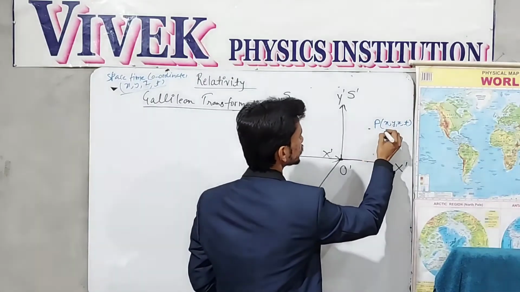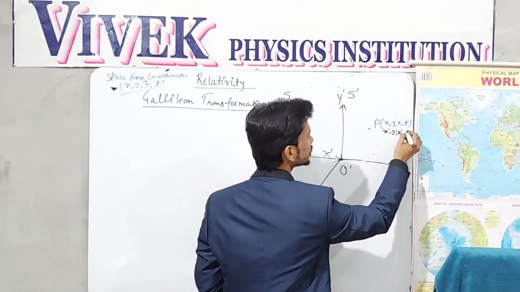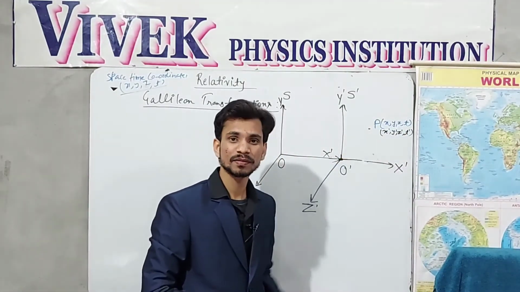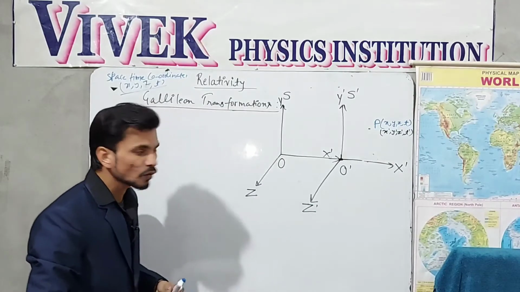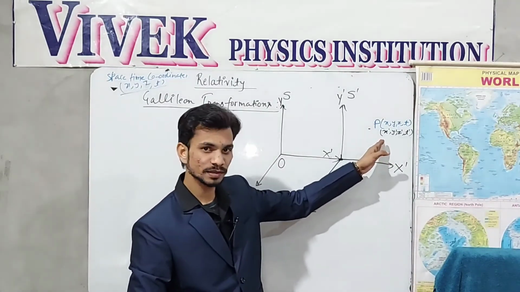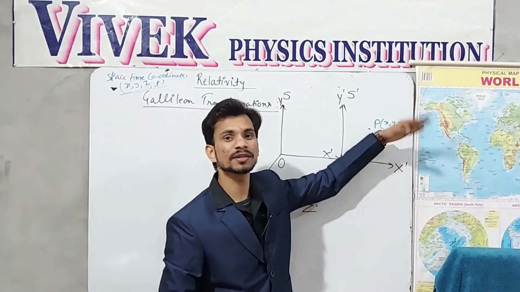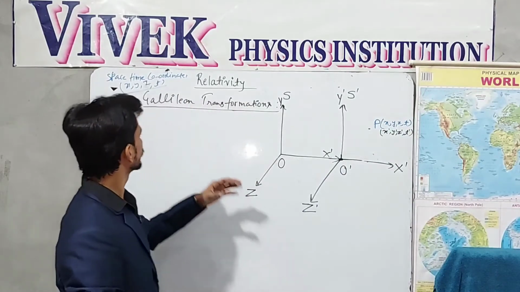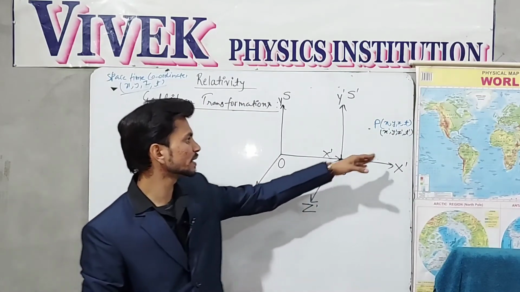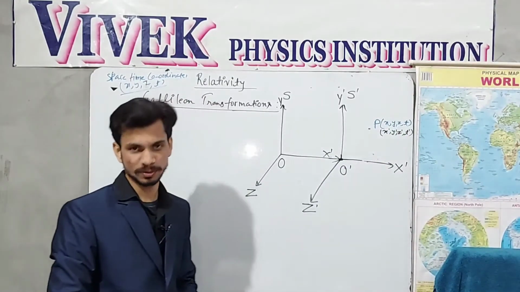Let's say they are x dash, y dash, z dash and t dash of the same particle P. Now what are the relations of x dash with x, y dash to y, z dash to z and t dash to t? By using Galilean transformation we can relate x dash to x, y dash to y, z dash to z, as well as t dash to t.